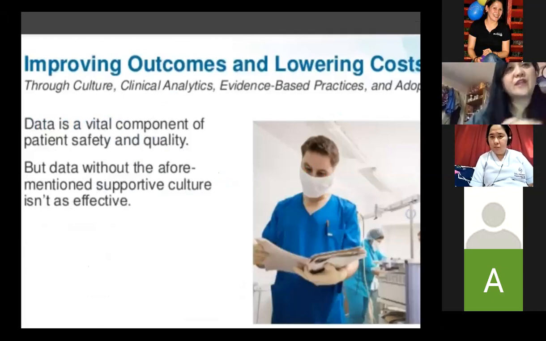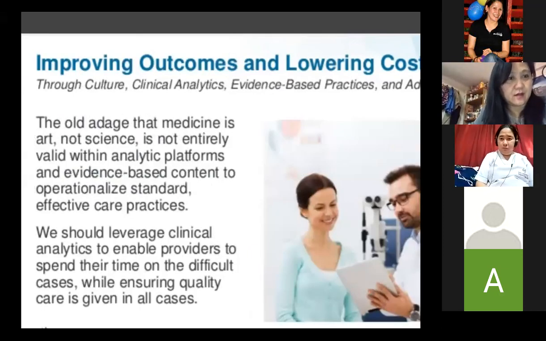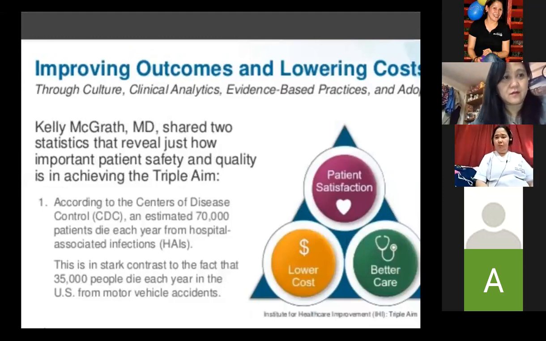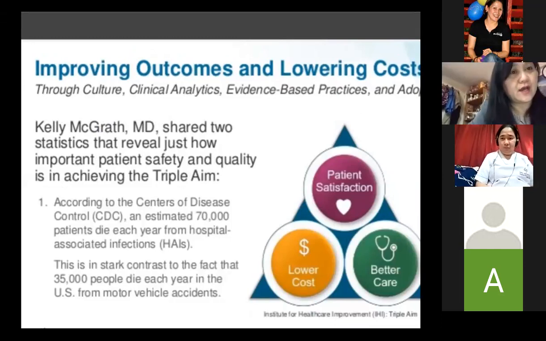Now we have to be very careful in taking care of our patients. We have to render the best quality of care that we have known. We have to be flexible at all times when the patient is talking to us.